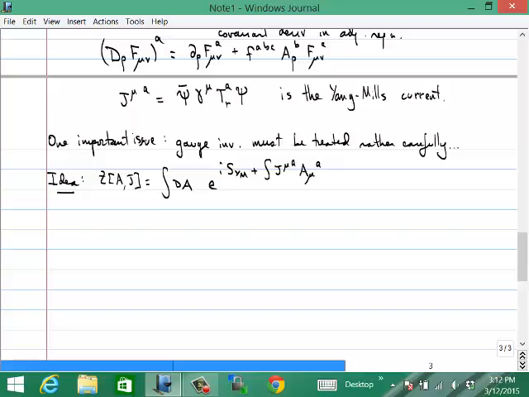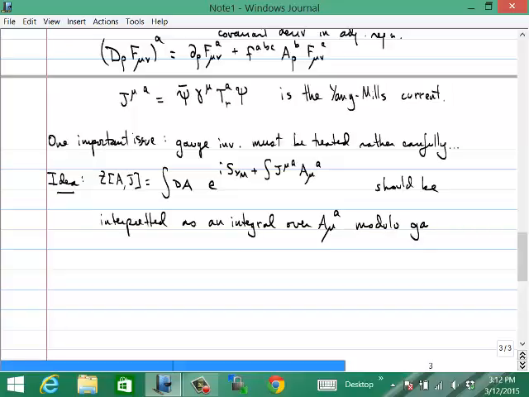And the point is that this path integral should be interpreted as an integral over all gauge fields modulo gauge transformations.